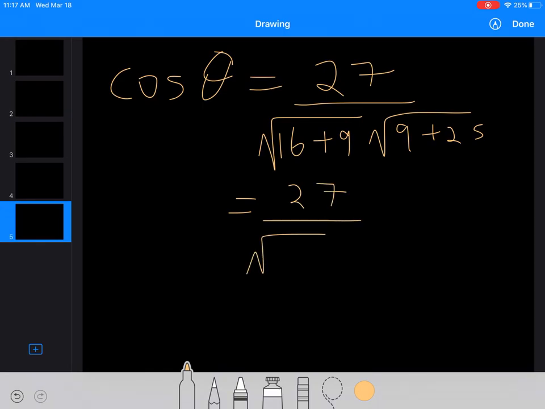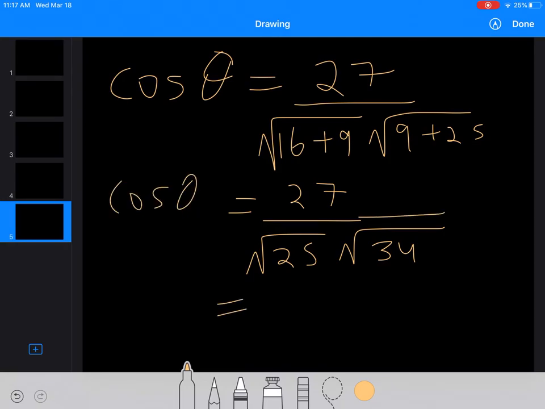So the left one is going to be the square root of 25. And this is going to be 34. Okay, so we can simplify the square root of 25. So let's just do another step here. The top is 27. Square root of 25 is 5.